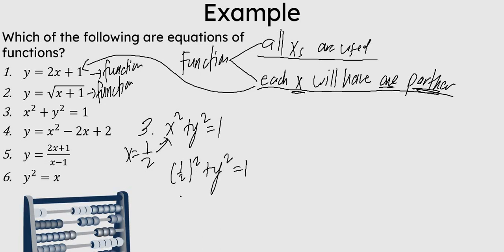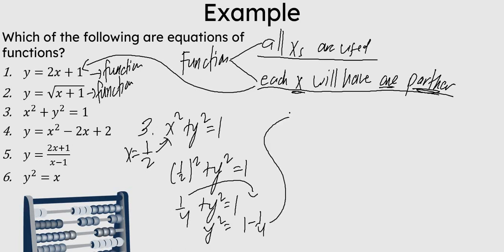Now, 1/2 squared is 1/4, so I have 1/4 plus y squared equals 1. Then y squared equals 1 minus 1/4, and 1 minus 1/4 is 3/4.